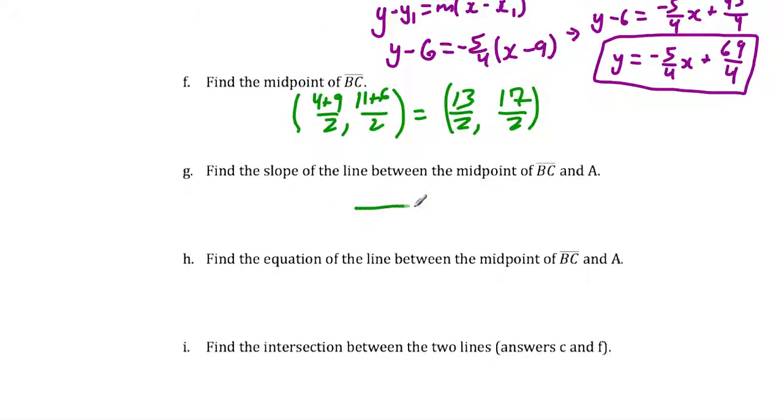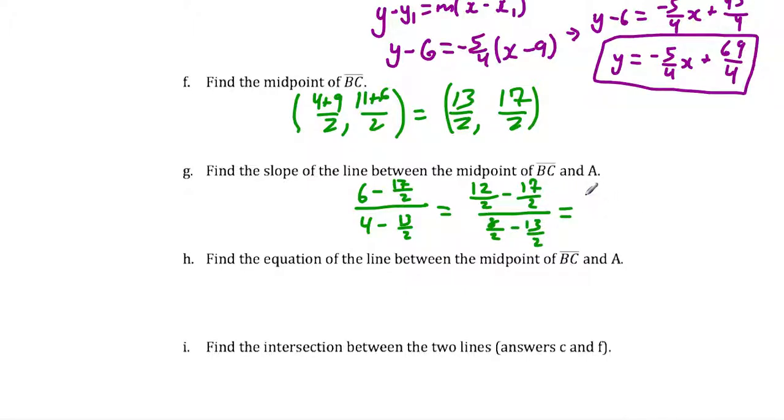So if we do 6 minus 17 halves over 4 minus 13 halves, using our common denominators, we're going to get 12 over 2 minus 17 over 2 divided by 8 over 2 minus 13 over 2.